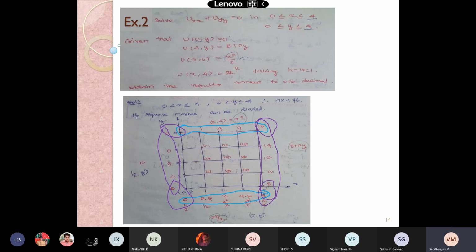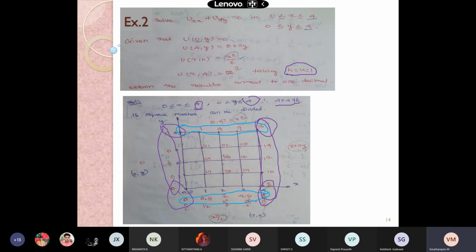So here 16 square meshes can be divided, that is 4 cross 4. This 4 cross 4 is derived from the information given in the problem. x varies from 0 to 4 and y also varies from 0 to 4. And when it varies, we need to take the difference between the x boundaries as 1.